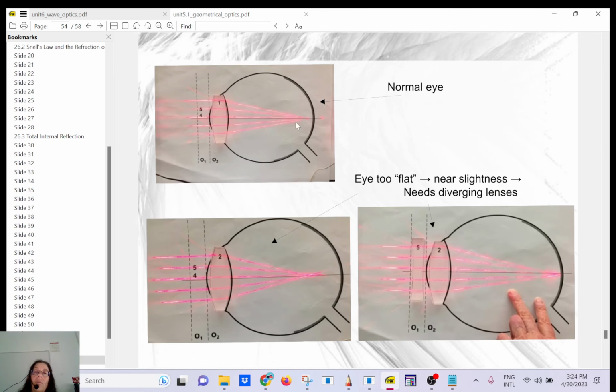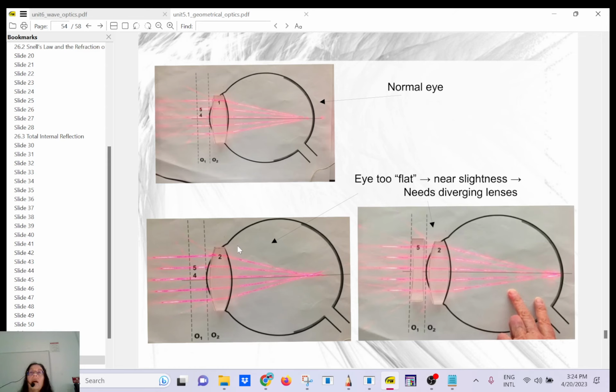So if you have a normal eye, if you look at something very, very far away, it's going to converge at the right place, where the cones are. I forgot what it's called here, it's not neurons, it's cones. And it's connected to the optic nerve and goes to your brain, everything is fine.